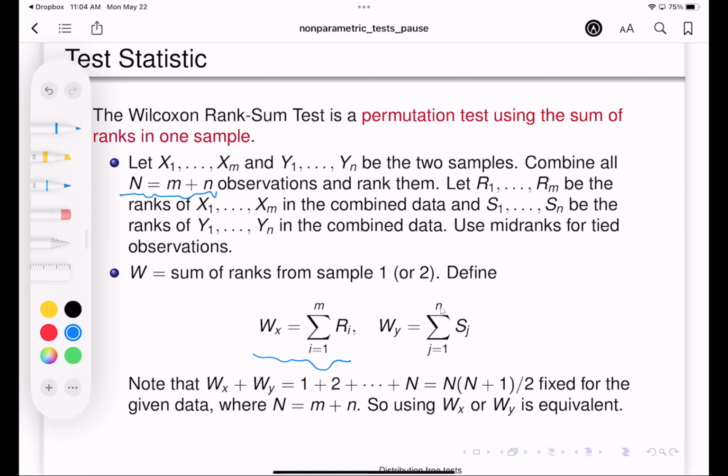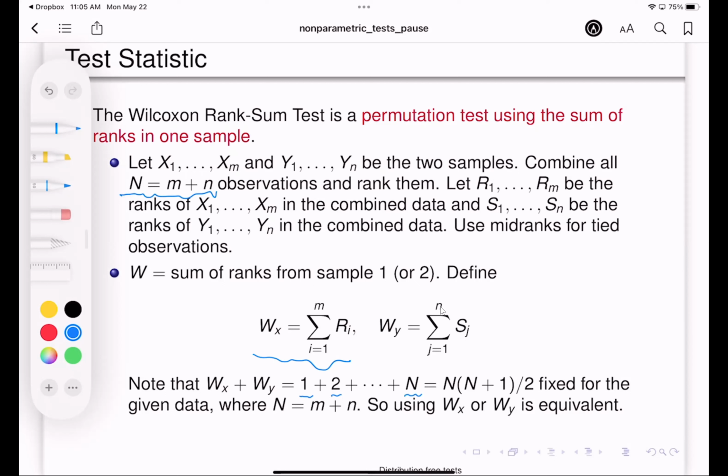When we finish ranking, one of them is the smallest and receives rank 1, the next receives rank 2, and so on, and the last one receives rank capital N. This is if there are no ties.